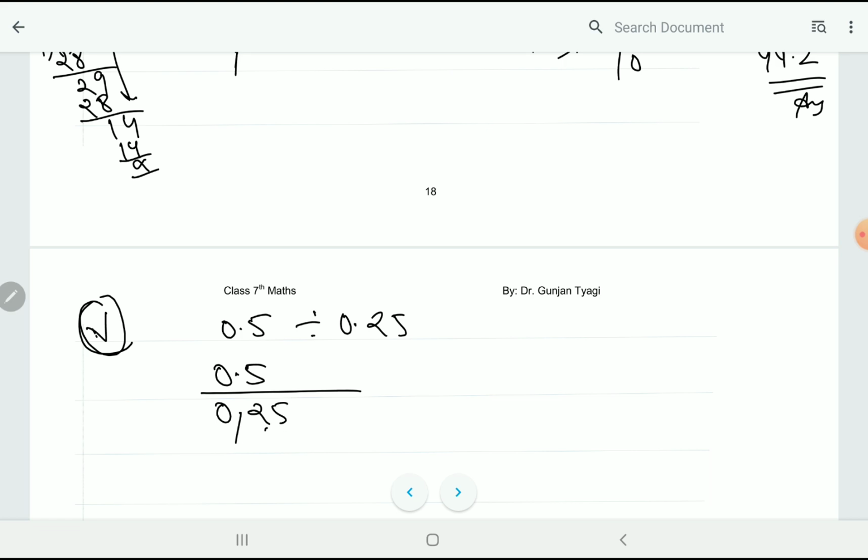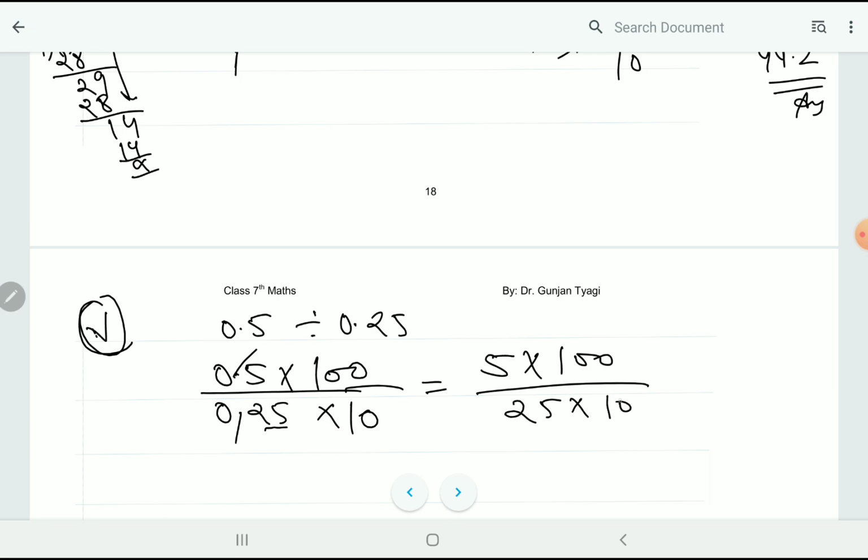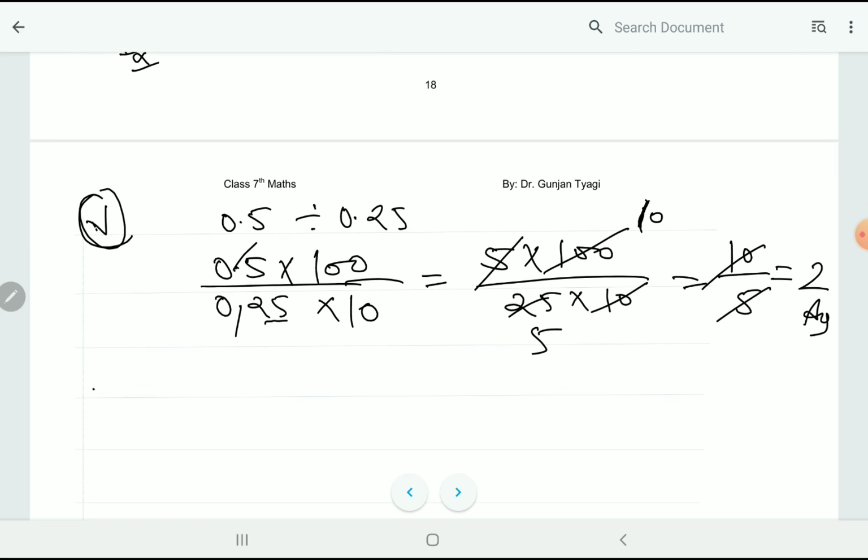There are 2 digits after the decimal in the denominator, so I will multiply by 100, and in the numerator there is only 1 digit after the decimal, so I will multiply by 10. So now the question is 5 multiplied by 100 divided by 25 multiplied by 10. 10 tens are 100. This time 100 is in the numerator, so 10 will remain, and 5 5s are 25. So 10 by 5 are the remaining terms, which is divisible. So 2 is the answer, which is a whole number.